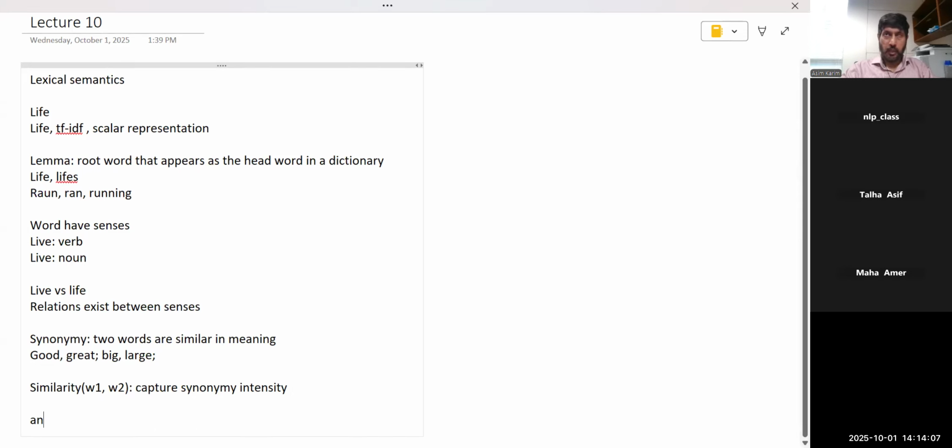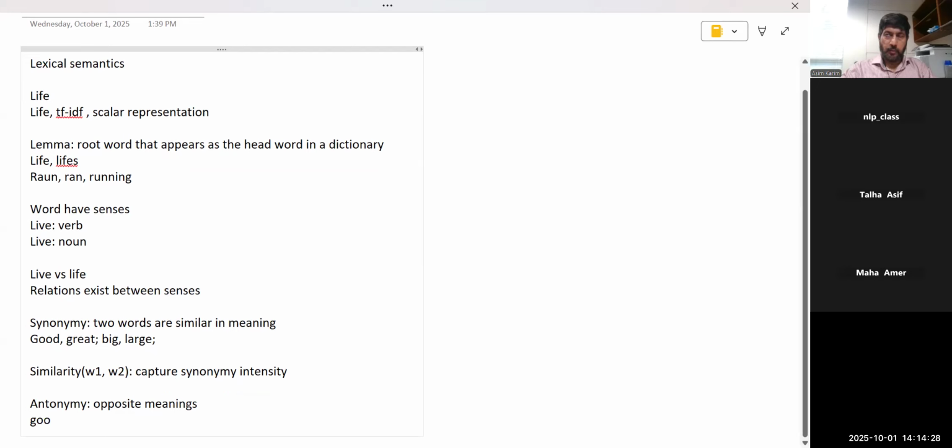For example, you all know about antonyms, antonymy. So opposite meanings. Okay. So you have the example of good and bad, and small and large, and so on.